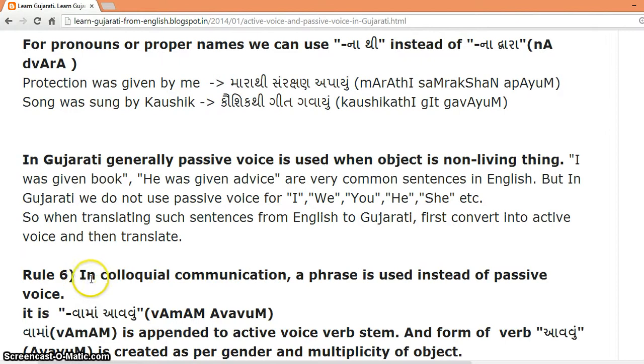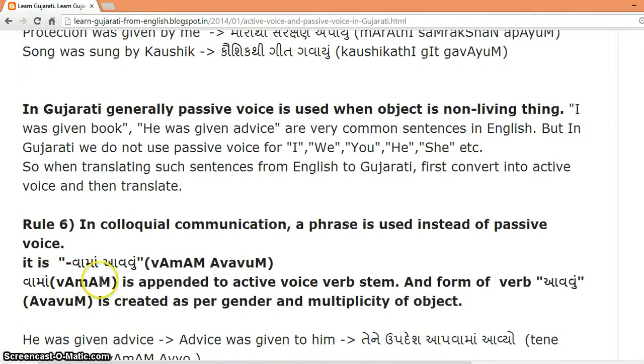Sixth rule: in colloquial communication, a phrase is used instead of passive voice, and phrase is Vama avavun. Here Vama is appended to active voice verb stem and form of verb avavun is created as per gender and multiplicity of object.